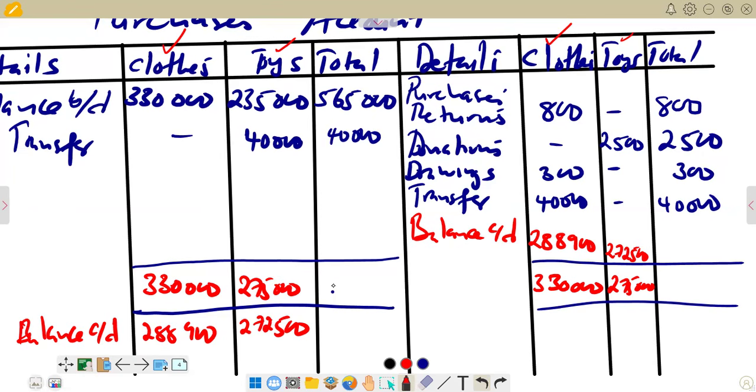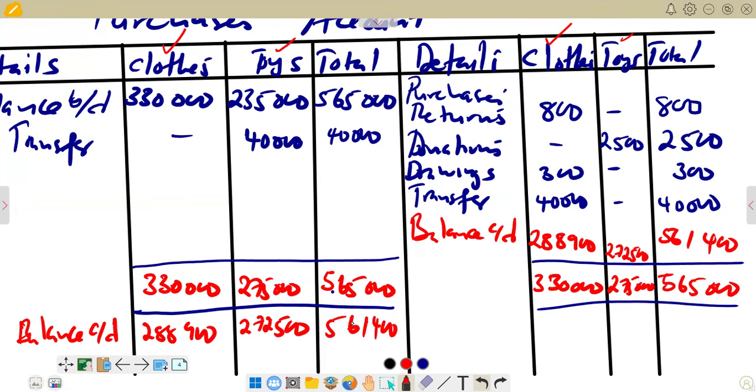Here, if we add, we are going to get 565,000, and on the credit side again, you're going to get the same amount, 565,000. If we add the balance CDs, 288,900 plus 272,500, you're going to get 561,400, which is the same figure which is supposed to come here.